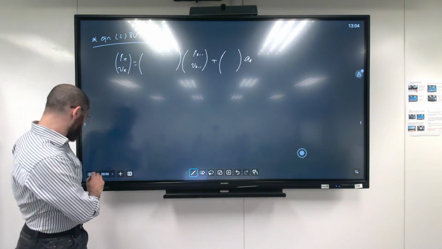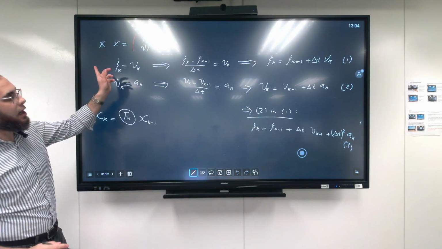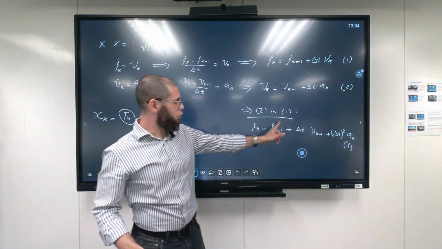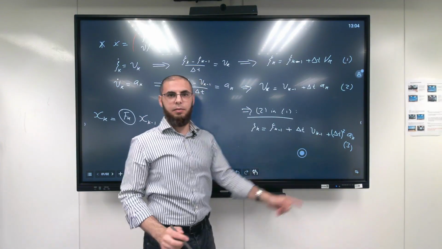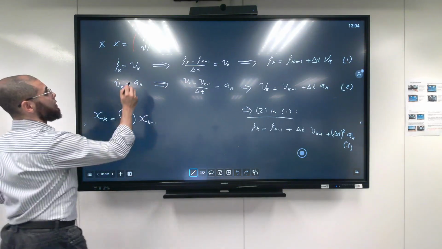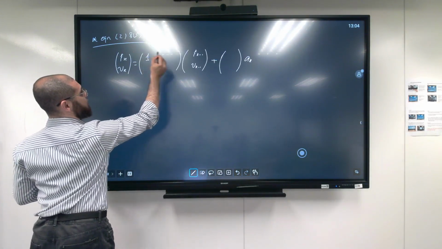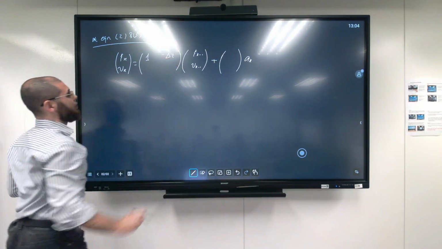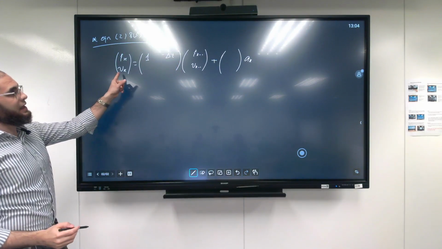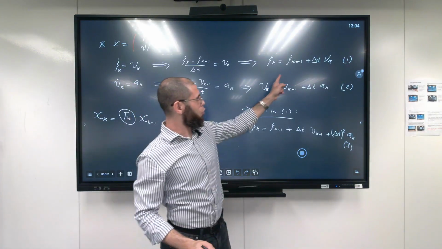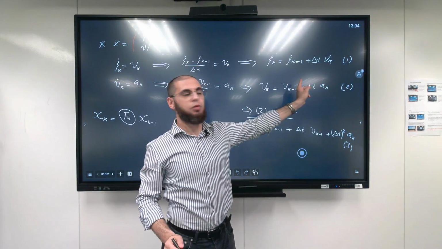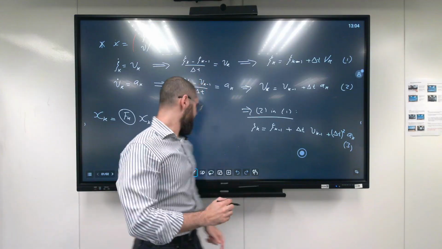And if you go back to the previous slide, you'll find that psi k is equal to 1 multiplied by psi k minus 1 and delta t multiplied by vk minus 1. So I have something that looks like 1 here and delta t here. And in the second equation, vk is equal to 1 multiplied by vk minus 1 and delta t multiplied by ak.